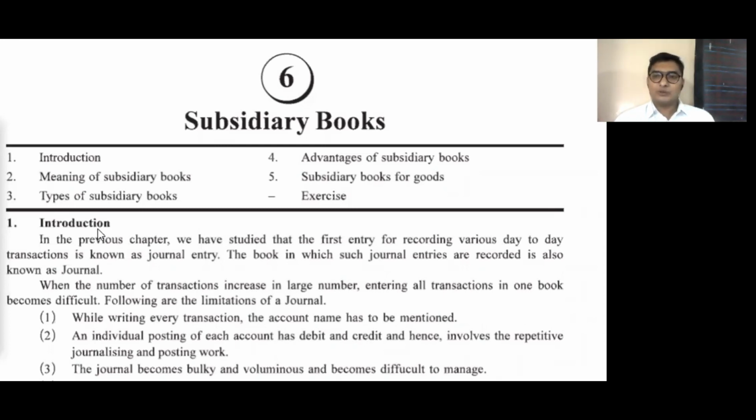We have to write down entries in such books. Number one, purchase book. Number two, sales book. Number three, purchase return. Number four, sales return.